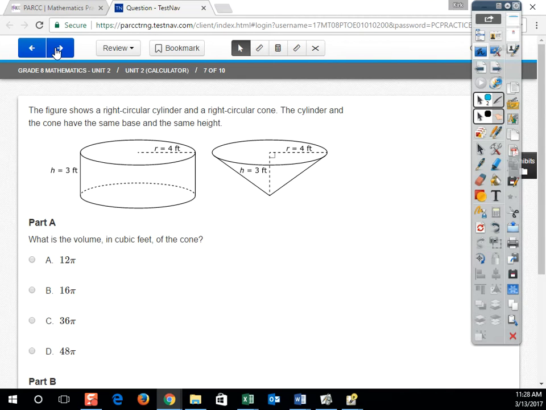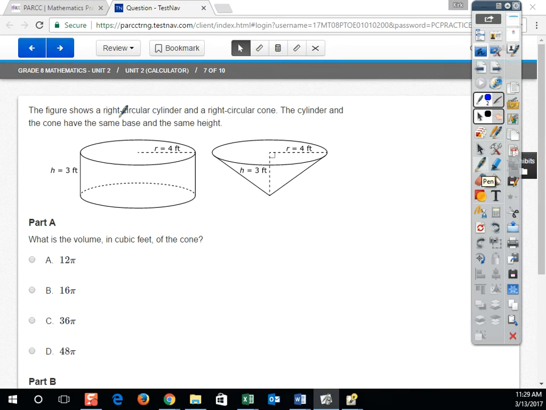All right, the figures show a right circular cylinder, I teach math, and a right circular cone. So let's talk about this vocabulary. What does the right mean?